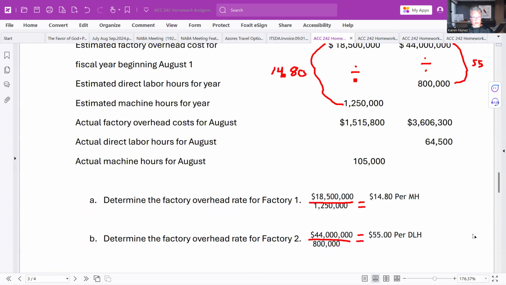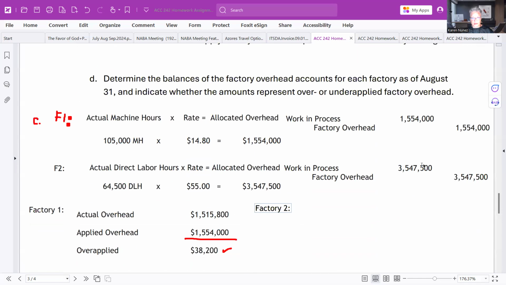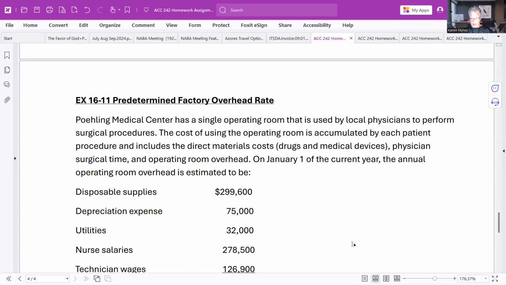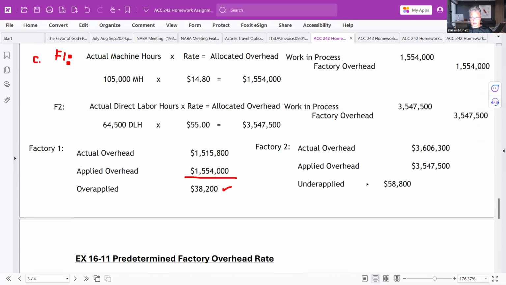The actual overhead is 3,606,300. The applied overhead is only 3,547,000. So now what we've got is we have not applied enough.